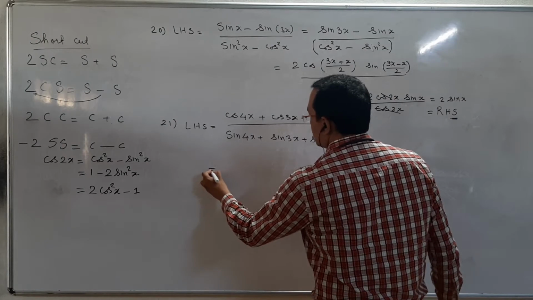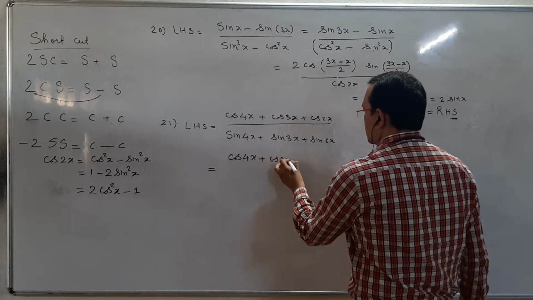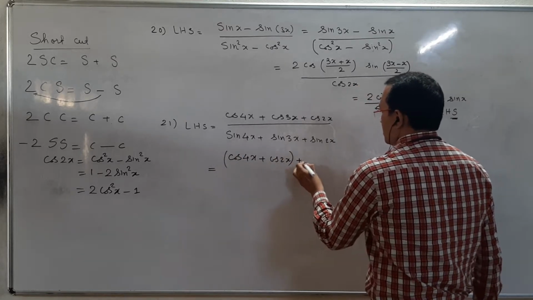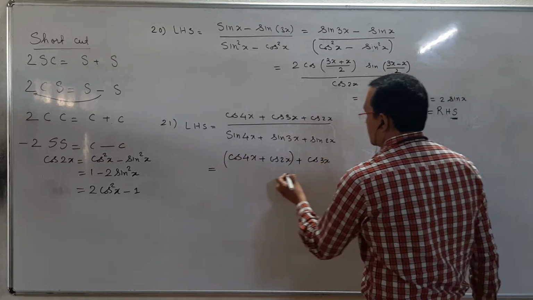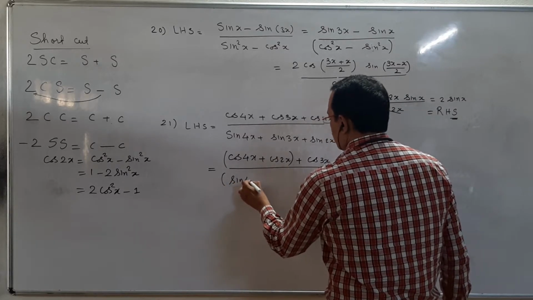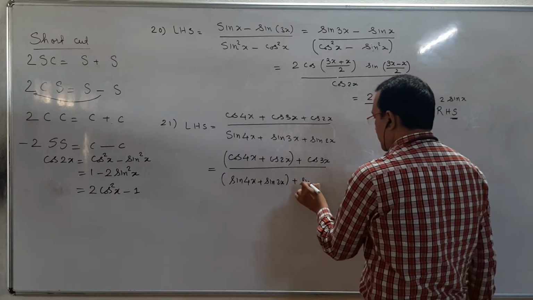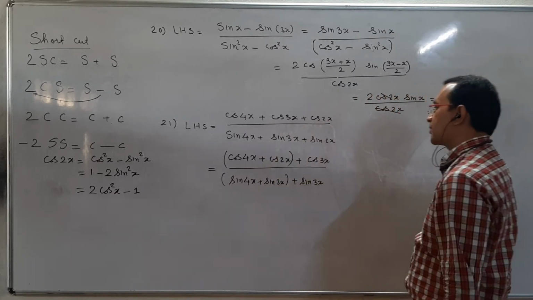So we write this as cos 4x plus cos 2x plus cos 3x divided by sin 4x plus sin 2x plus sin of 3x.